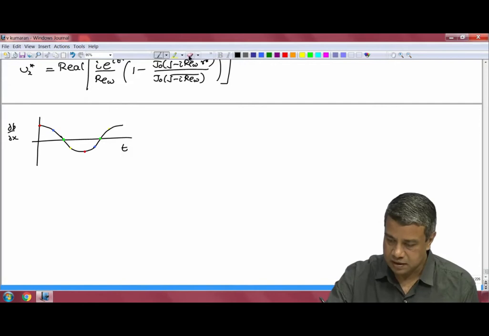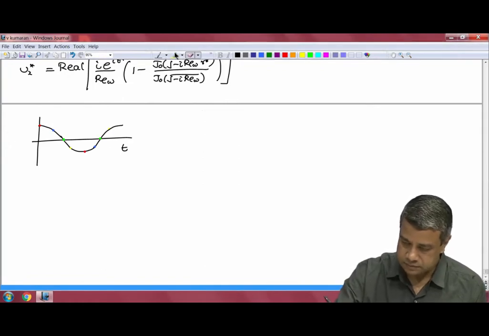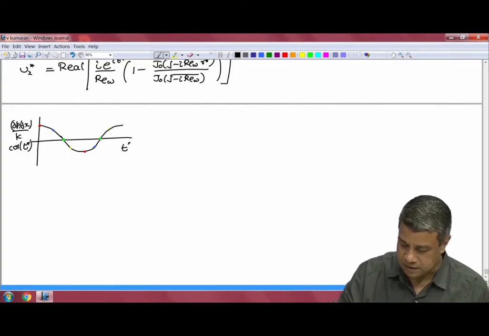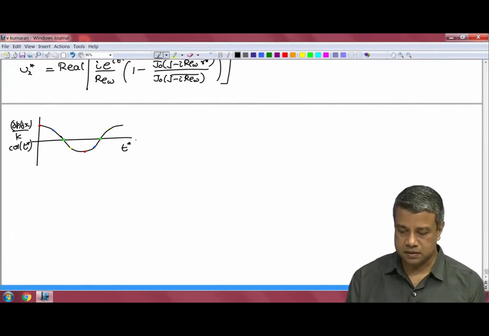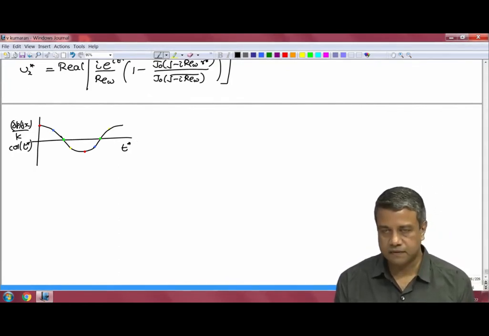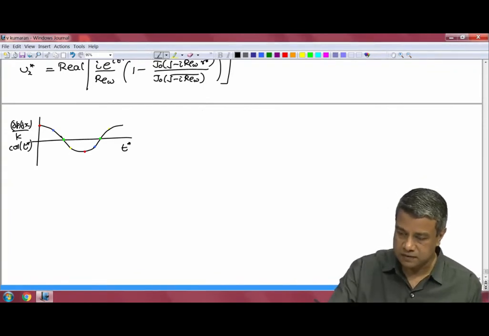So, if I take dp by dx divided by k, or cos of t star, where t star is omega t, I can plot the velocity at different instants in this sinusoidal variation for different values of the Reynolds number.